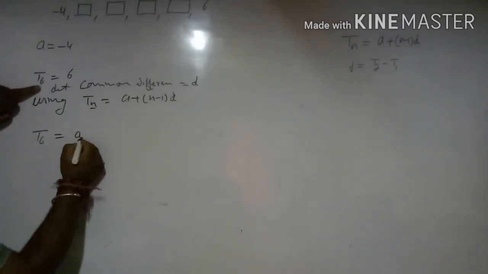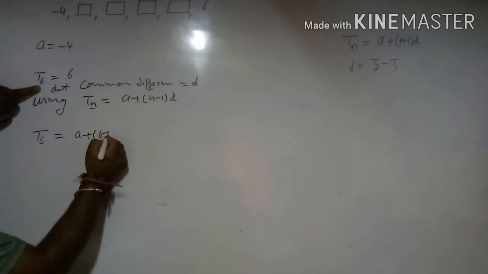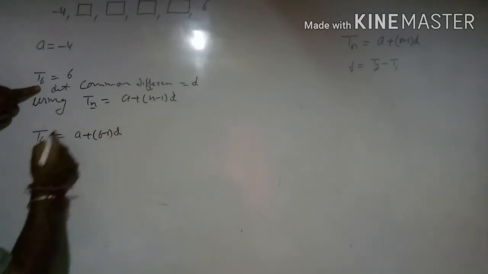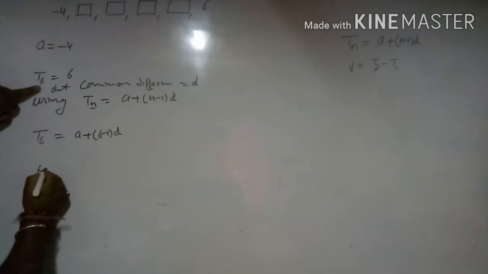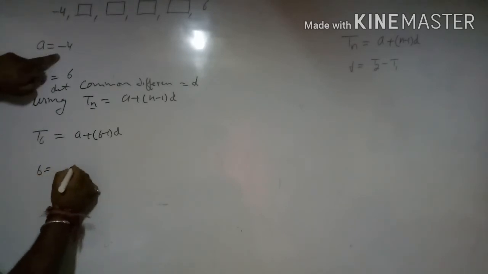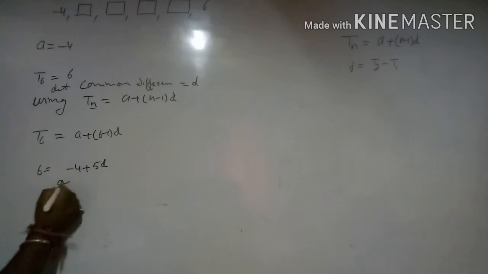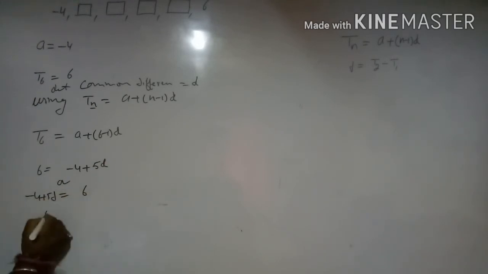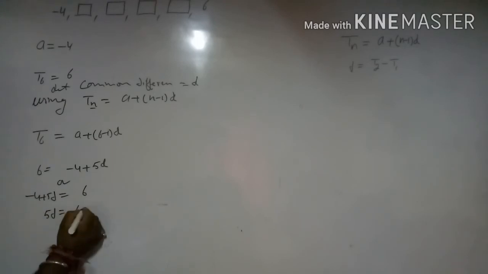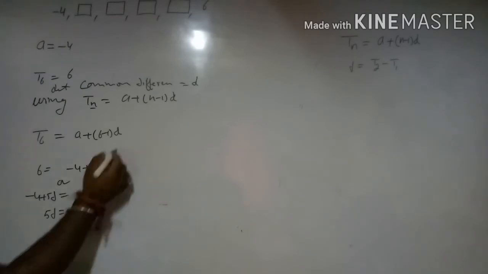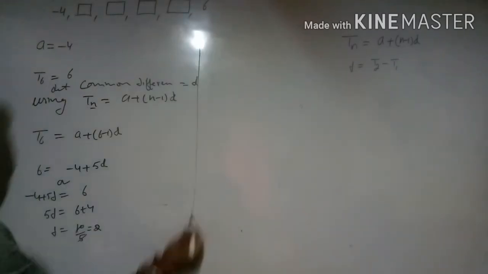T6 is equal to A plus (6 minus 1) into D. The value of T6 is given as 6 and the value of A is minus 4, so 6 is equal to minus 4 plus 5D, that is, 5D is equal to 6 plus 4. So D is 10 upon 5, that is 2. Now we got the value of D.